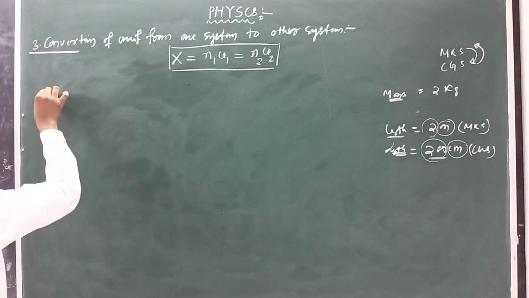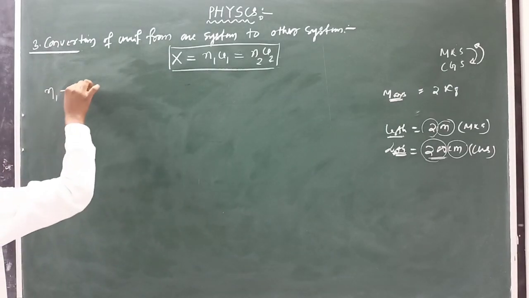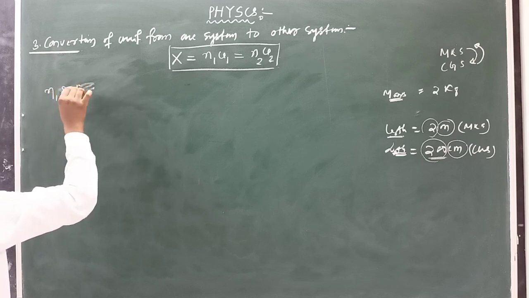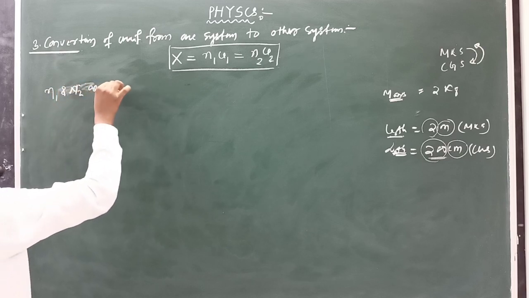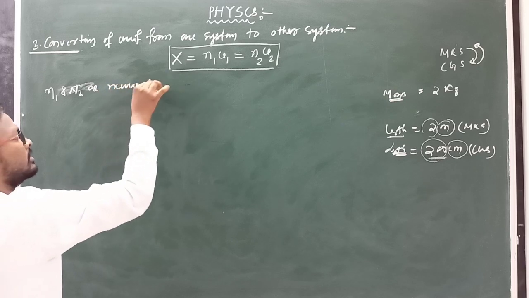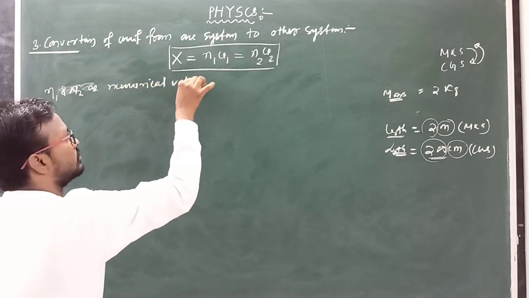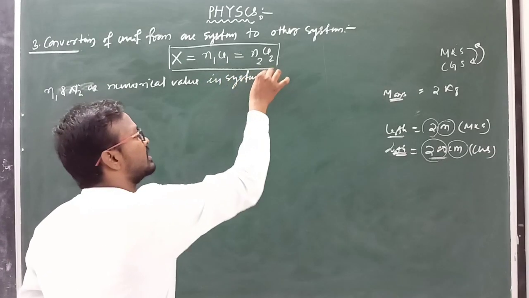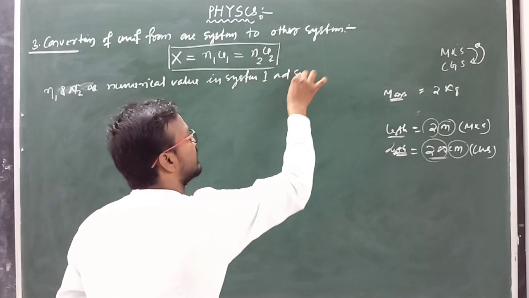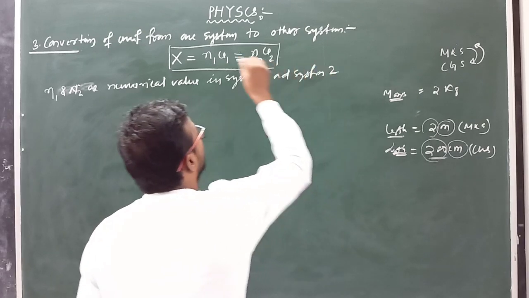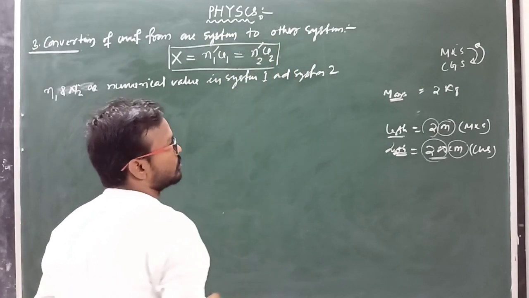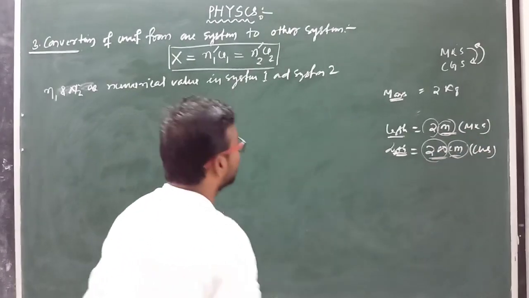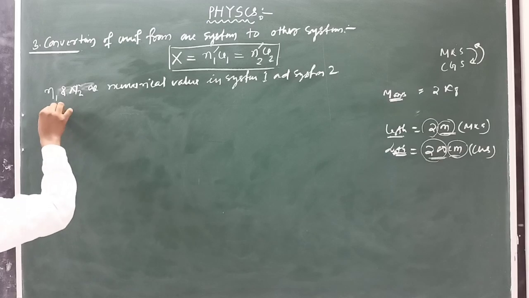Here N1 and N2 are numerical values in system 1 and system 2. Suppose this is system 1 and this is system 2. Here system 1 is the MKS system and system 2 is the CGS system. Clear?